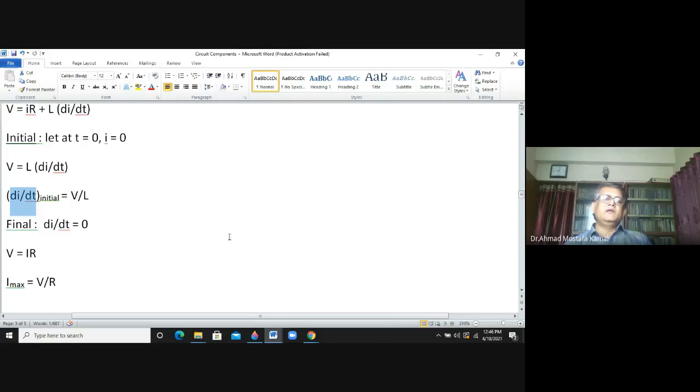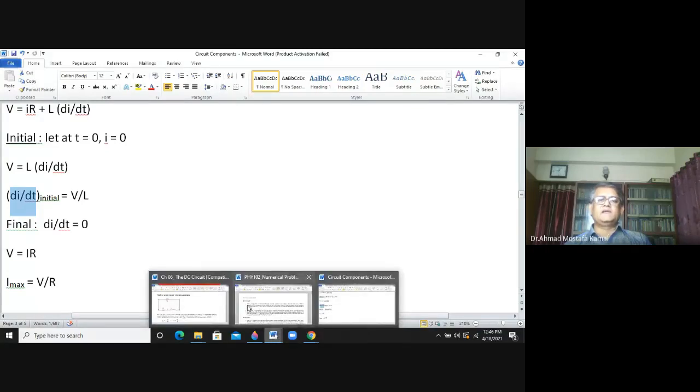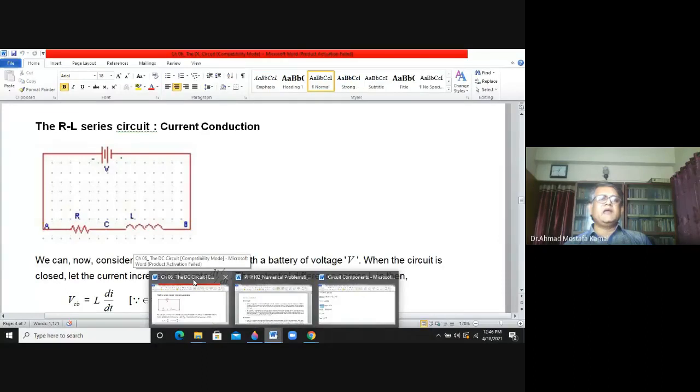Okay, therefore this rate will be dependent upon the value of L. So if you have larger value of L, then current will be increased in the circuit slowly. If you have smaller value of L, then current will be increased in the circuit rapidly. Okay, opposite in opposite manner. That means inverse manner.